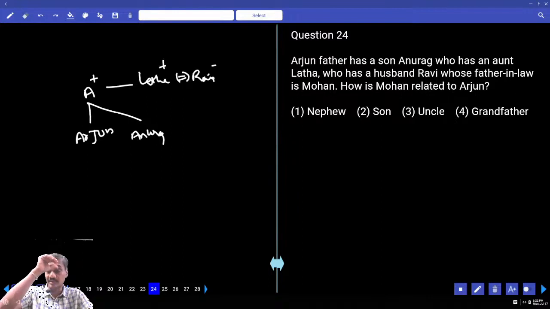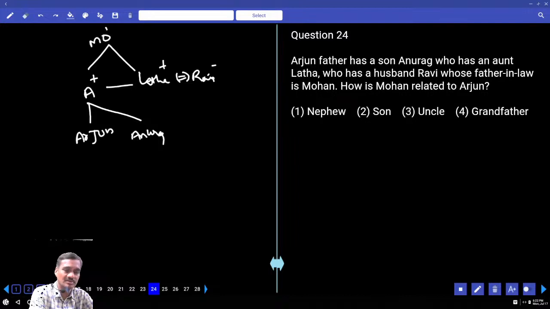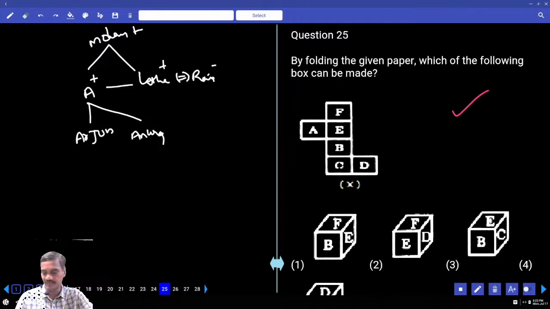Ravi is the father-in-law of Mohan. Ravi's father-in-law is Mohan, isn't it? And how is Mohan related to Arjun? Arjun's father's father, grandfather. Choice 4 for 24.